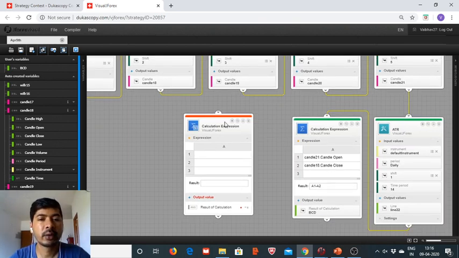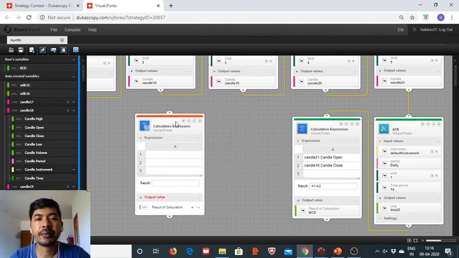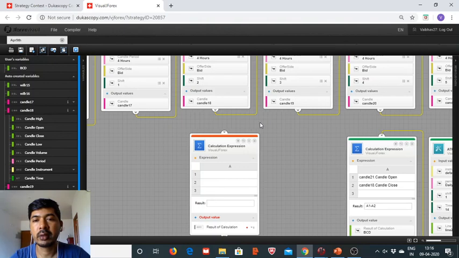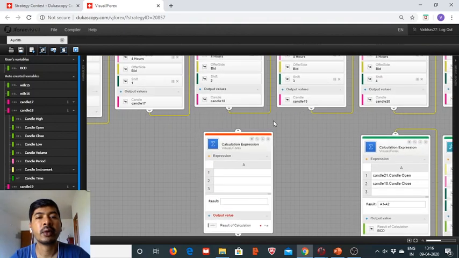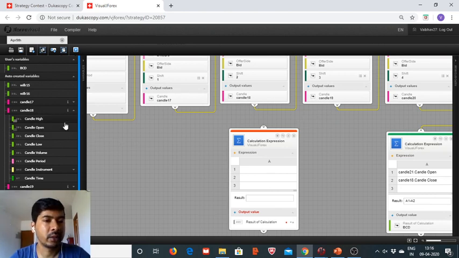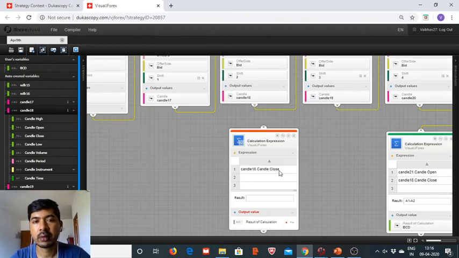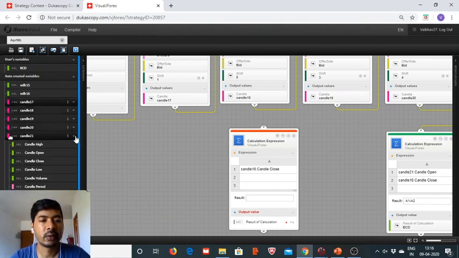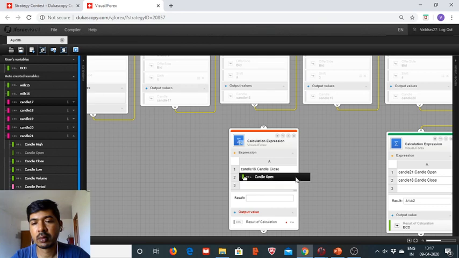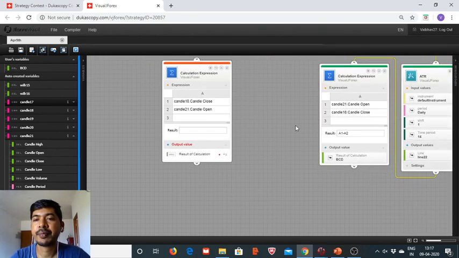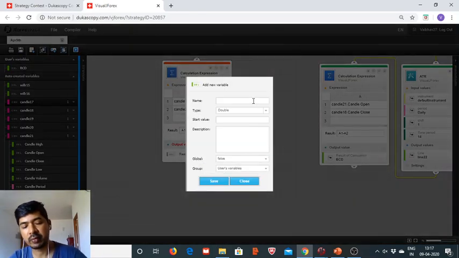So here we take candle 18's closing price, so this is right, and we take candle 21's open price, and it should be A1 minus A2, and this will be the sell candle difference, SCD.